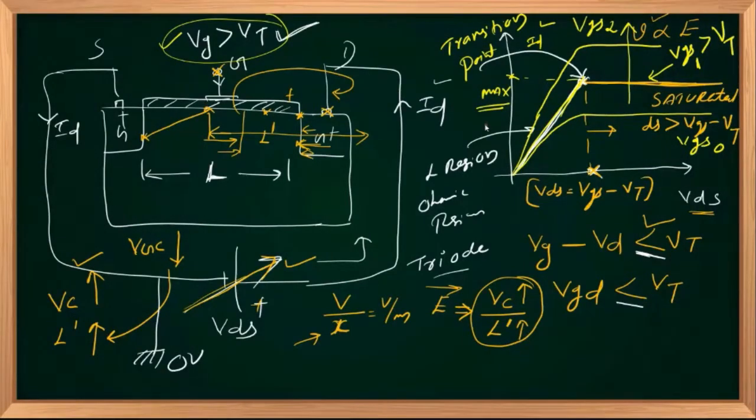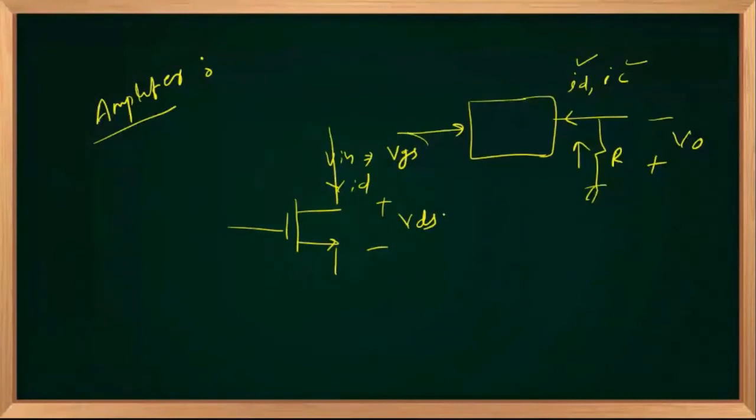Right. So MOSFET functions as an amplifier in which region? Not in linear region, saturation region. Why? Because in the linear region, the output voltage of the device, that is VDS, and output current are linearly related. That is not the required function for an amplifier.